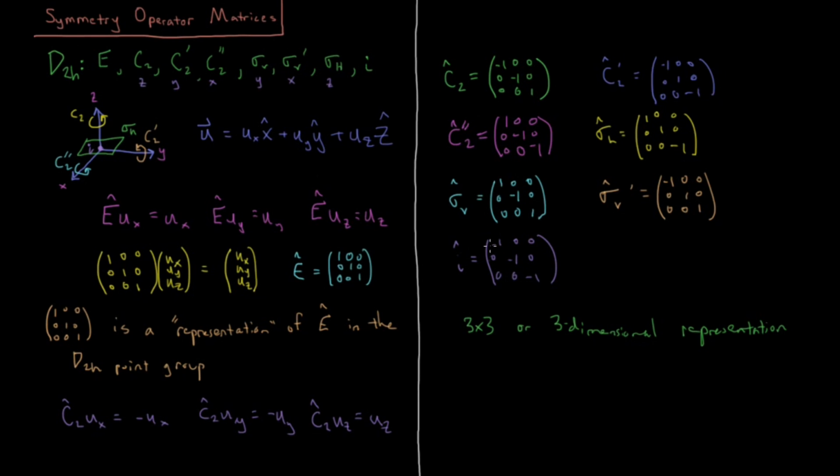As we're going to see in future videos, this is one possible representation of these operators in this specific point group. But there are many different ways we can represent operators, and there's one particular set for every point group, which are the simplest possible representations you can have. Those representations are going to be called irreducible representations, and they're going to be very important for helping us determine what properties of molecules are predetermined just by their symmetry before we know anything else about the molecule.